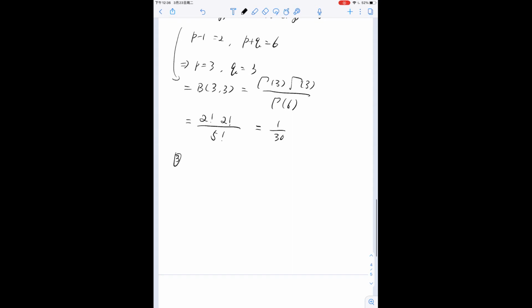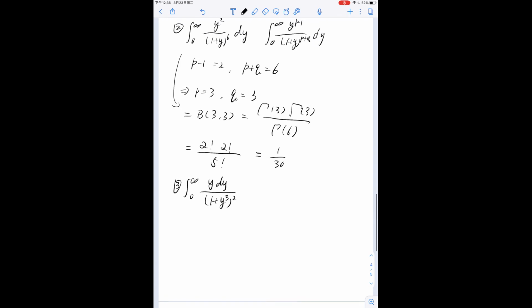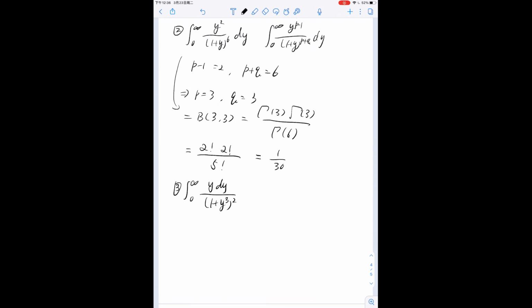This example is the integral from 0 to infinity of y times dy divided by (1 plus y to the power of 3) squared. Here we also want to use the form that we used before, but there is y to the power of 3 here.